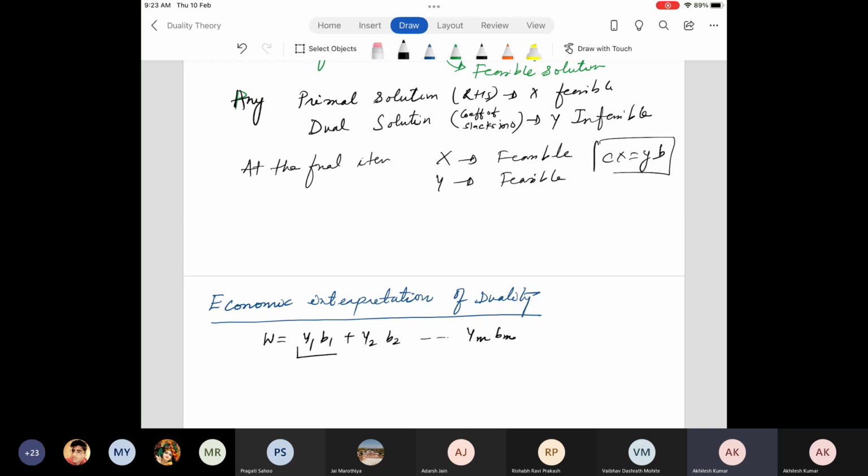Each of these terms, Y1 B1, can be understood as the current contribution to profit having BI units of resources, because our kind of resources changes all the time.